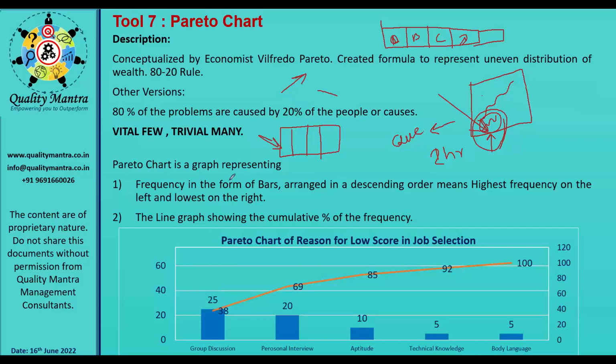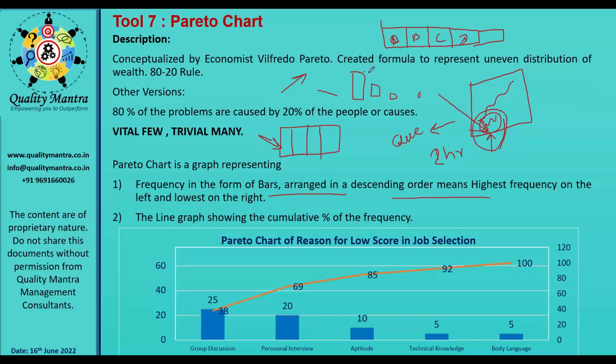The Pareto chart is having two components. One is the frequency in the form of bars arranged in descending order, meaning highest to lowest. So if it is sales, you will arrange the highest sales area first, then the next lowest, then the next lowest, and then the next lowest.